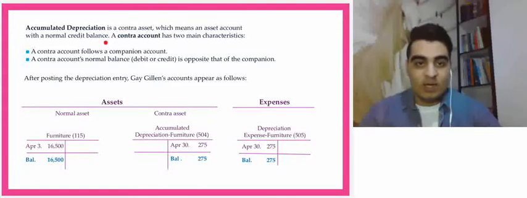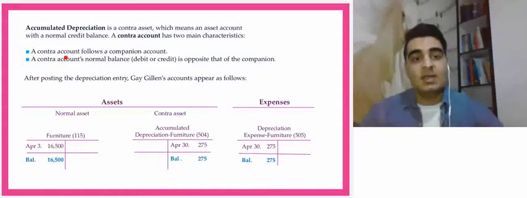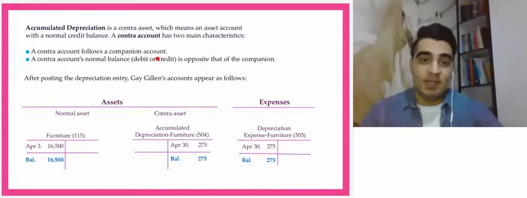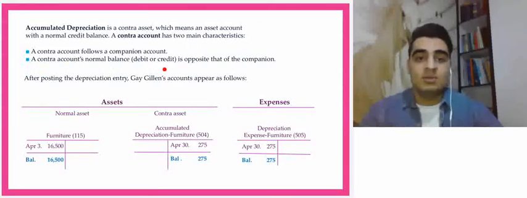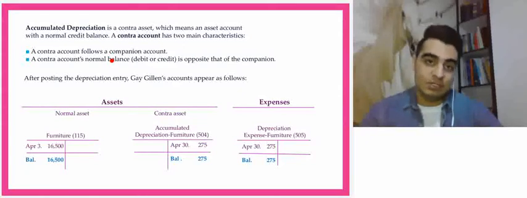This is why we call it a contra account. And it has two main characteristics. The first one is that a contra account follows a companion account. And the second one is that a contra account's normal balance, whether debit or credit, is opposite that of the companion. The companion account for this example will be the furniture account.